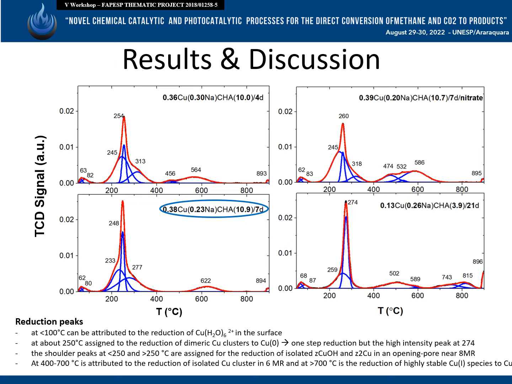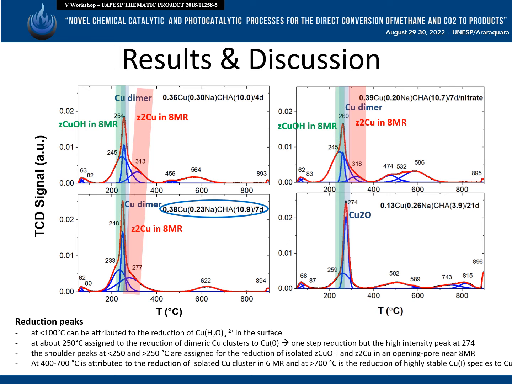The reducibility of the sample depends on SAR, the copper aluminum ratio, and synthesis conditions. The TPR results show a higher reducibility for the sample with SAR 10.9, copper aluminum ratio 0.38, and synthesis time of 7 days. This sample also shows a higher intensity of the reduction of the active dimer copper cluster.